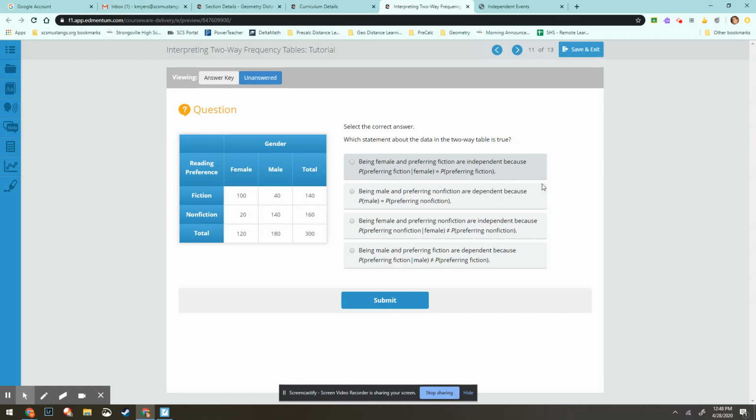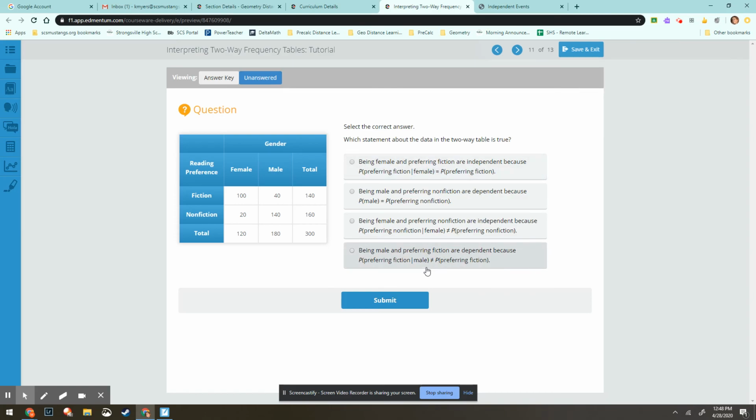What I need to do is calculate the probability of preferring fiction, given that they're female. That would be 100 over 120, which would be 0.833. And then just the probability of preferring fiction would be 140 over 300, which is 0.467. So this doesn't work. Over here, let's try this one because they're not equal.